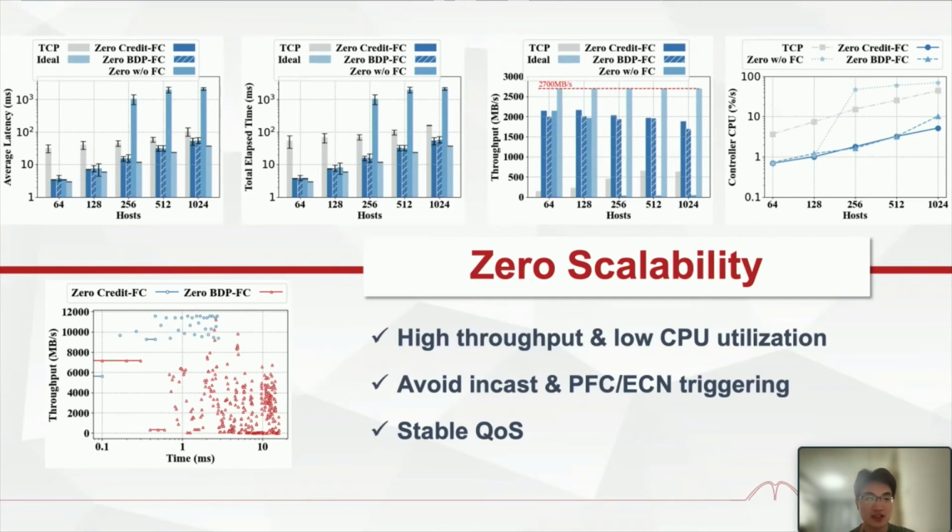Another benefit is lower CPU utilization, without useless busy polling when congestion happens. As a comparison, Zero achieves much more stable quality of service in the whole collecting phase.